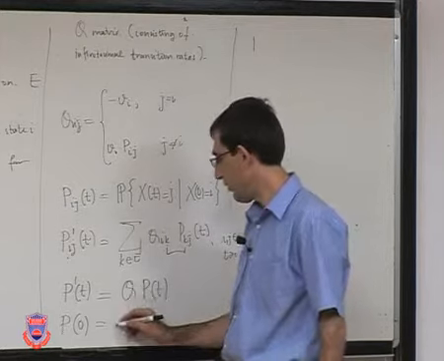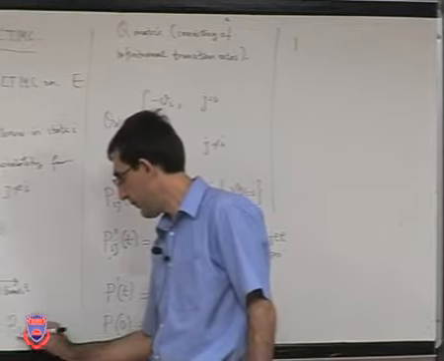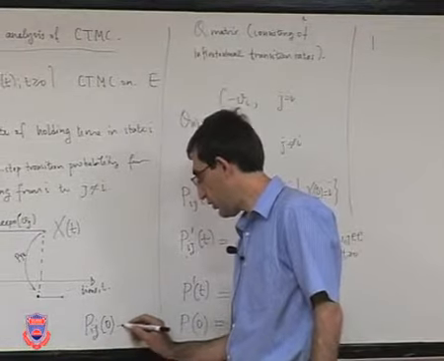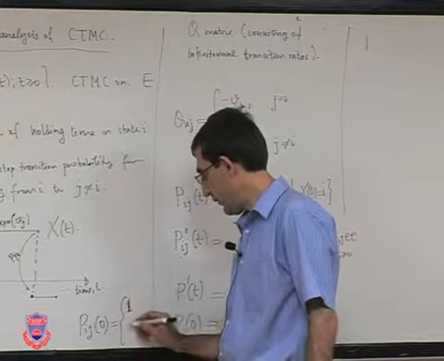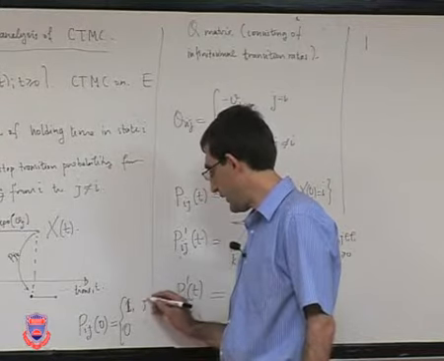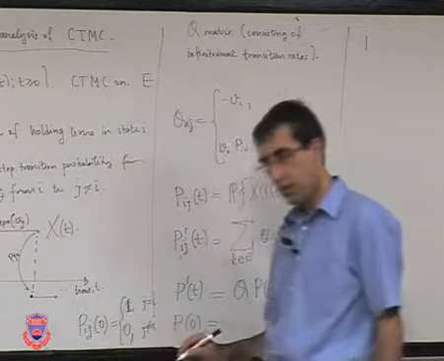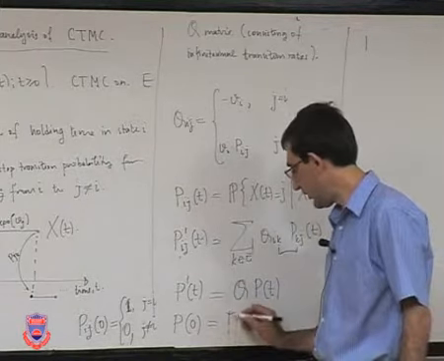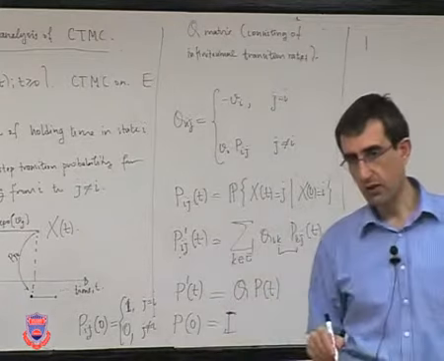So Pij at time 0 is either 1 if j is the same as i, or 0 if j is different than i. In matrix form, this is nothing but the identity matrix, with ones only along the diagonal.